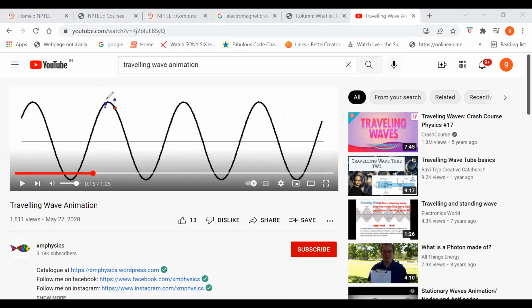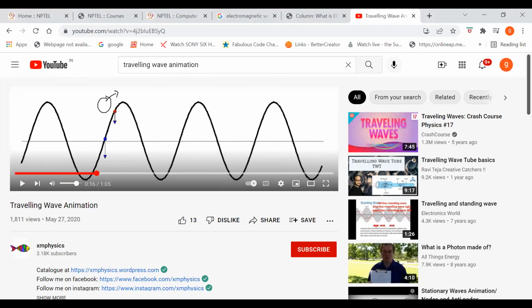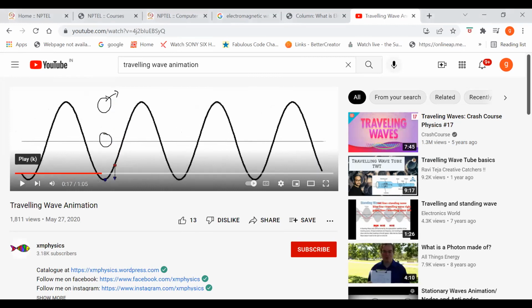This is a point mass in this string. Now after some time it is coming here. This mass which we marked initially came here.